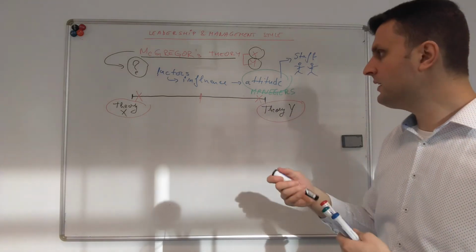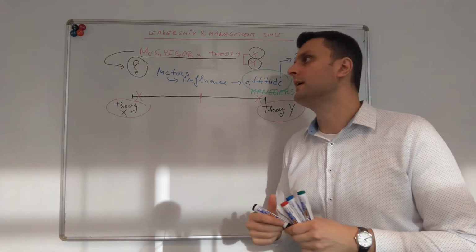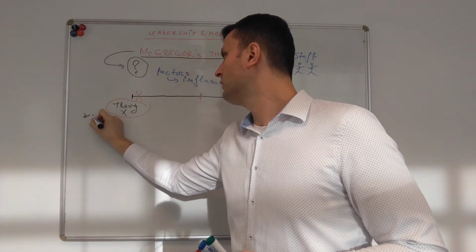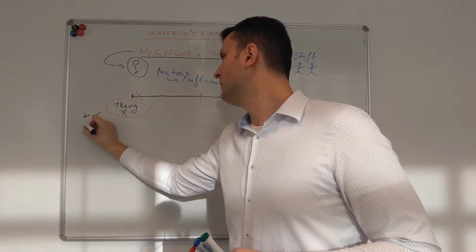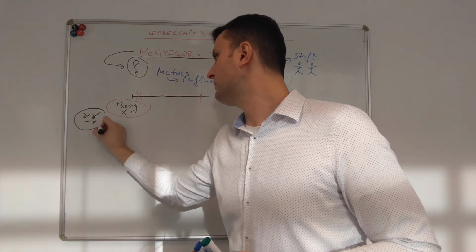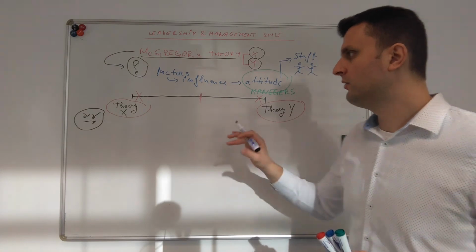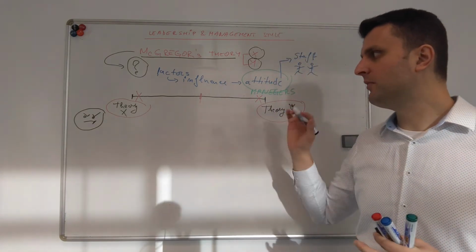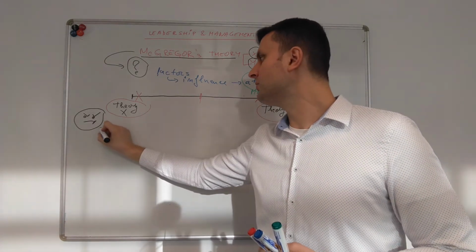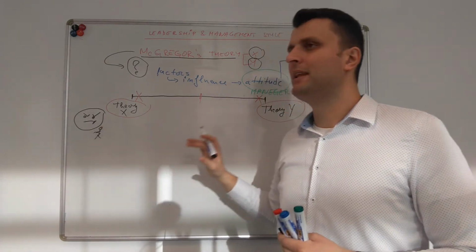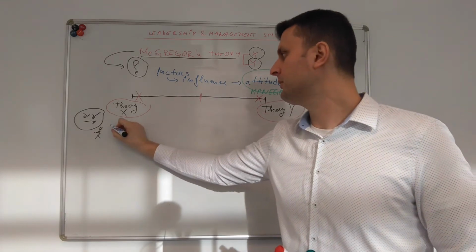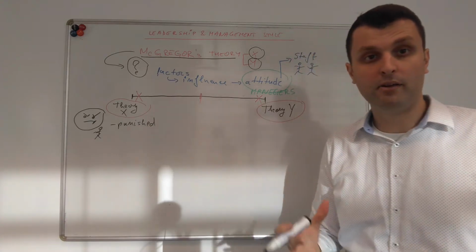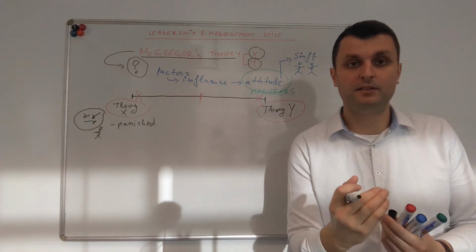So in theory X, I would actually draw the face of a specific manager, because this is the type of manager that believes that staff should be punished if they make an error or if they're not performing as expected.